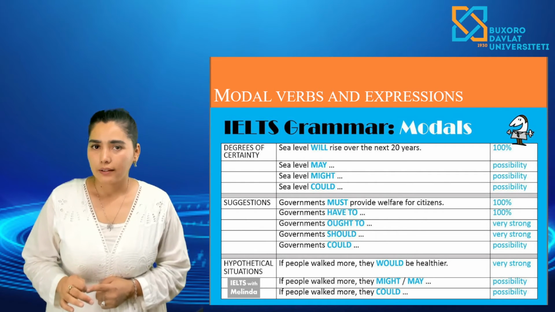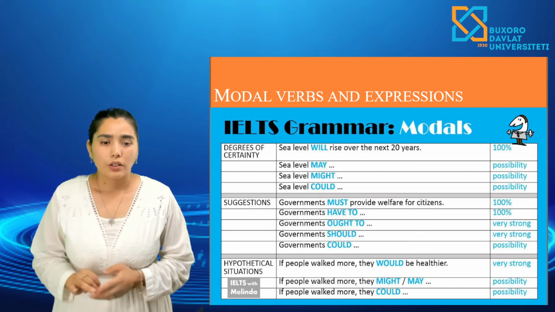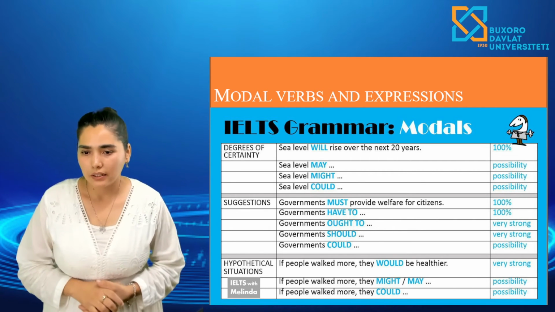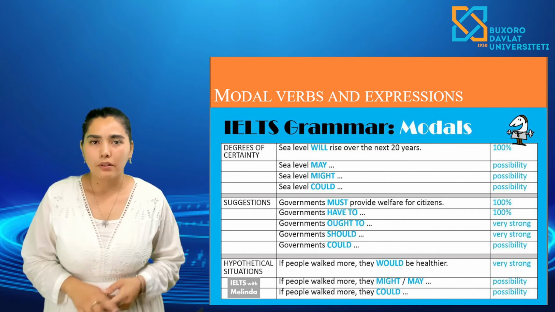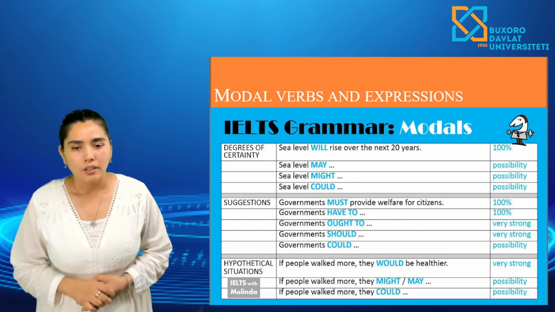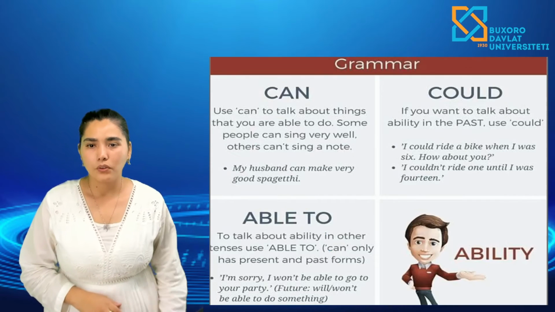Must and have to have a 100% degree of happening, and ought to, should, and could have very strong meanings, and sometimes could has the meaning of possibility, whether it may happen or may not happen, yeah? In hypothetical situations, we can use would, which is very strong, and may, might, and could, where it's possible to do.